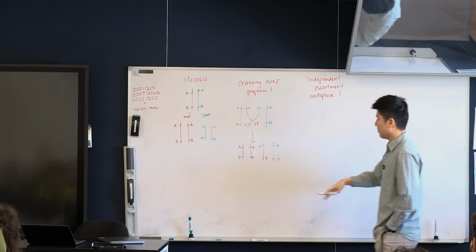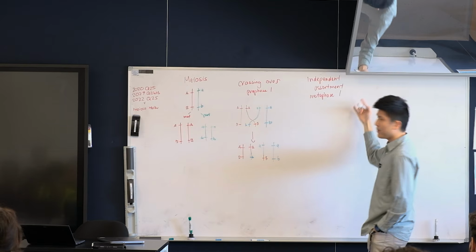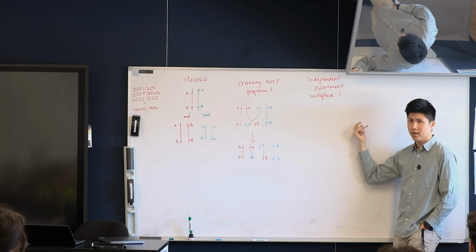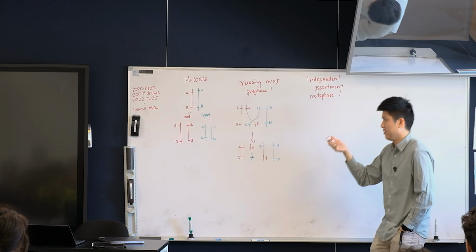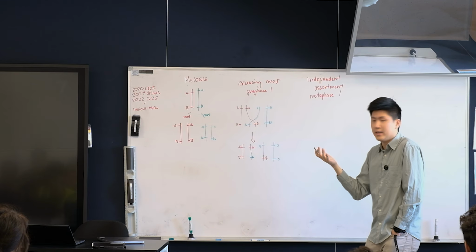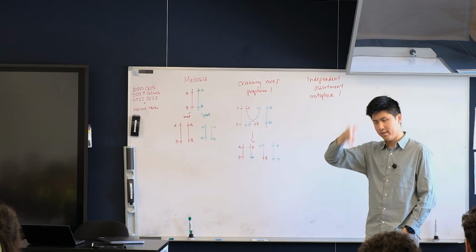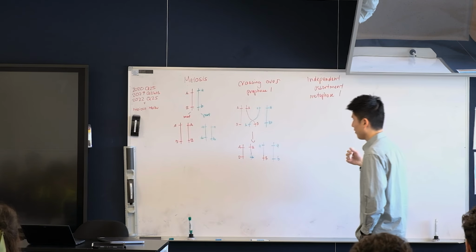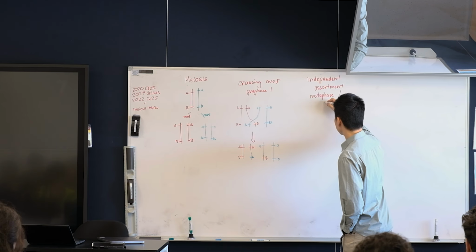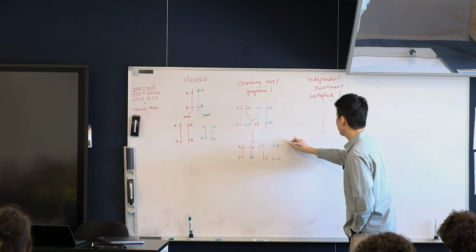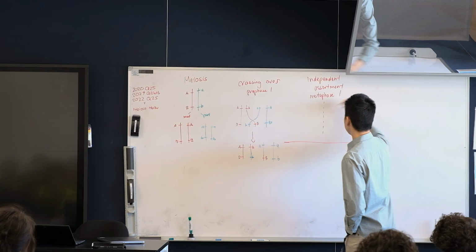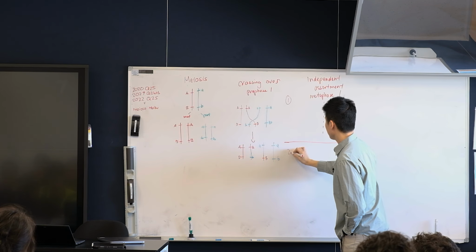So let's say I have this. We know that independent assortment occurs in metaphase 1, and the idea behind it is they can line up on either side of the middle and then get pulled apart, right? So what that means is if I'm going to draw a cell in the middle, I have 2 options. This is option 1, and this is option 2.